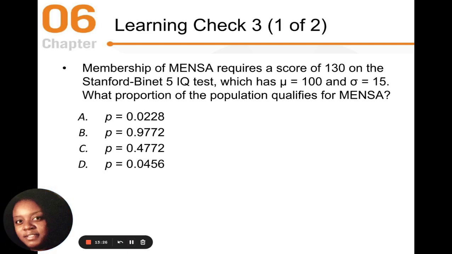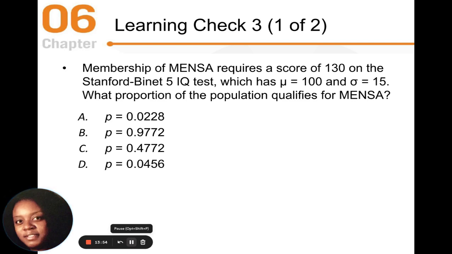So here's a learning check. Membership in Mensa requires a score of 130 on the Stanford-Binet 5 IQ test, which has a mean of 100 and a standard deviation of 15.